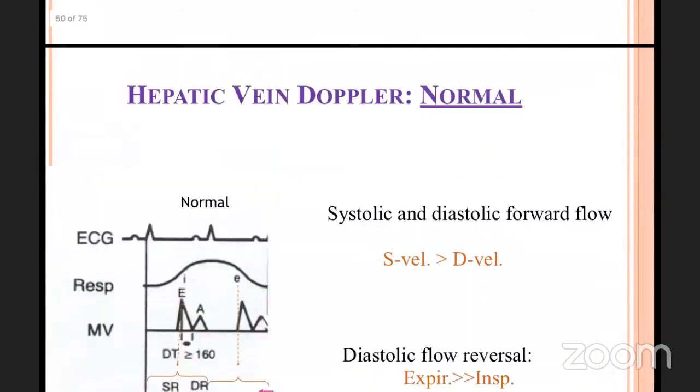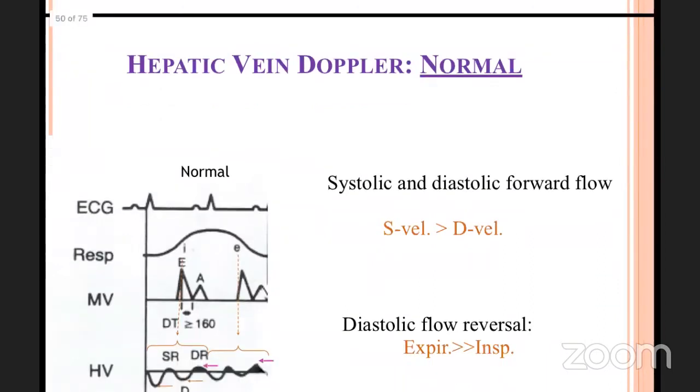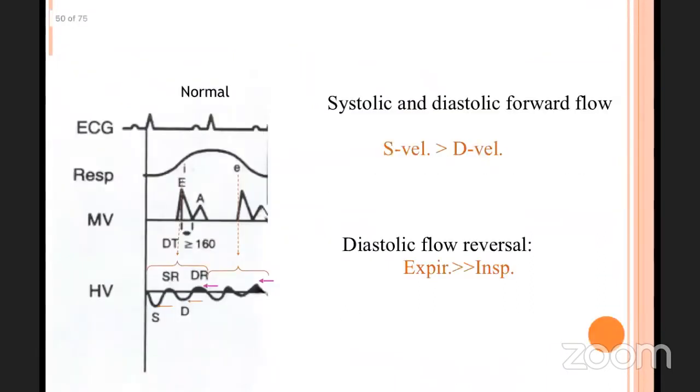Now, in the same way, that is the left-sided flow; this is the right-sided flow, the hepatic venous Doppler. Normally, you remember that most of the hepatic venous flow occurs during ventricular systole and less flow occurs during ventricular diastole. An easier way to remember this flow pattern is that the X descent is more negative than the Y descent under normal circumstances.